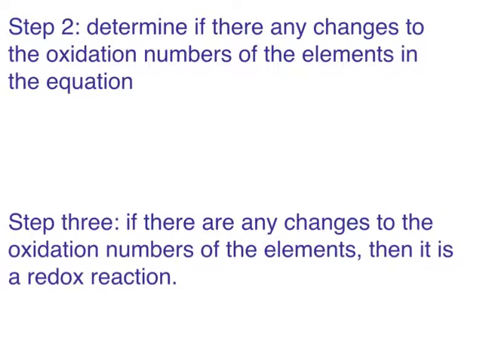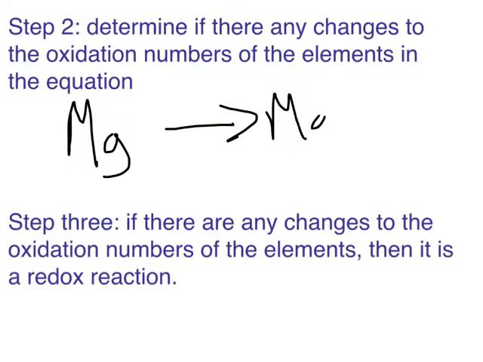Okay, so step 2 is to determine if there are any changes to the oxidation numbers of the elements in the equation. Now, if you think about it, we started with magnesium, and magnesium turned into Mg2+, or +2.